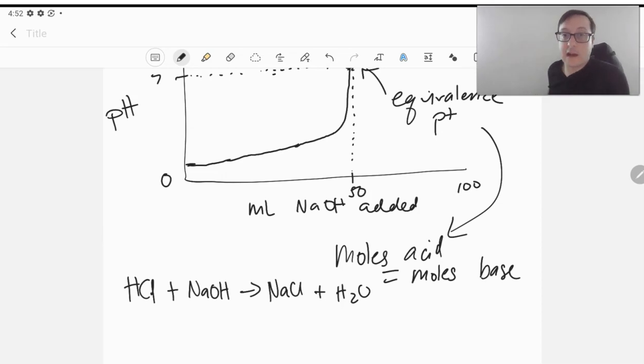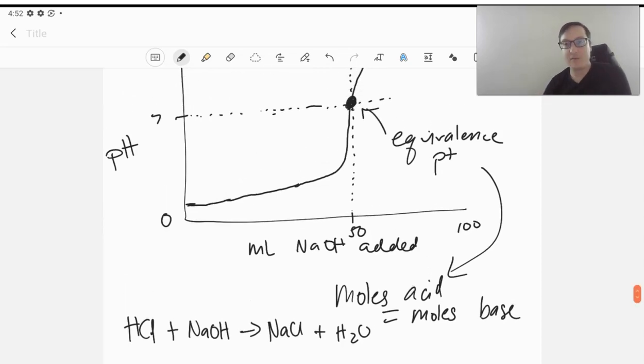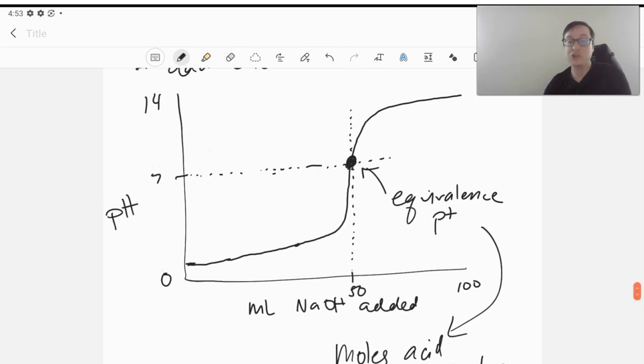We know HCl is a strong acid, NaOH is a strong base, and NaCl is negligible. It is neither acid nor base, so it is going to give us a neutral solution. Because we have negligible acid and base as our conjugates, our pH at the equivalence point should be just about 7.